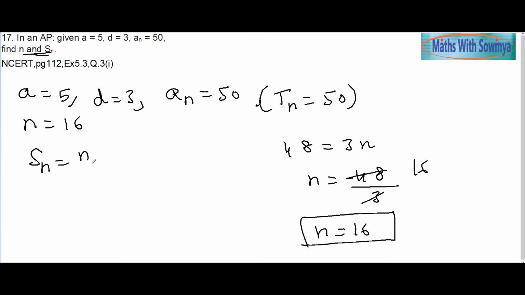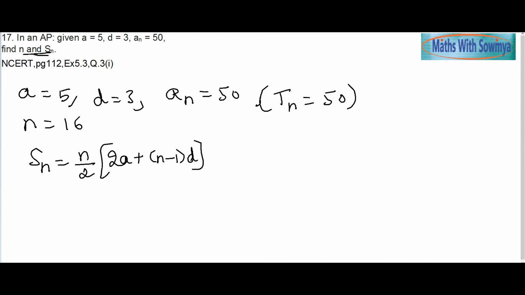Apply the formula. 16 by 2, 2 into 5 plus n minus 1, 16 minus 1, D is 3.